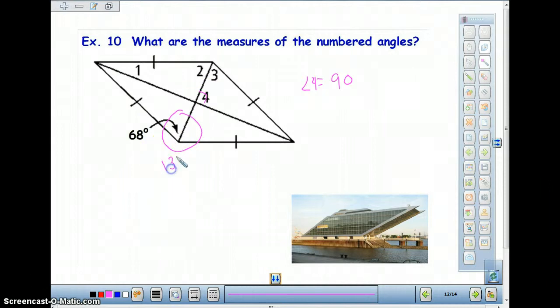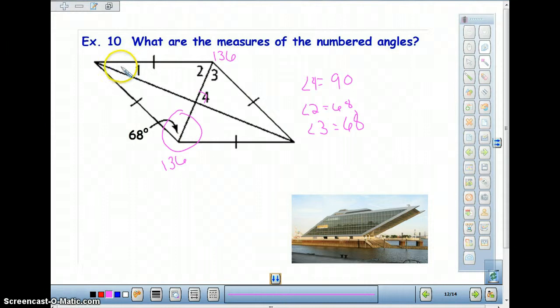So this whole angle is 136. That makes this entire angle 136. Okay, therefore angle 2 is going to be 68, and angle 3 has to be 68, because we know that the opposite angles get bisected by the diagonals.